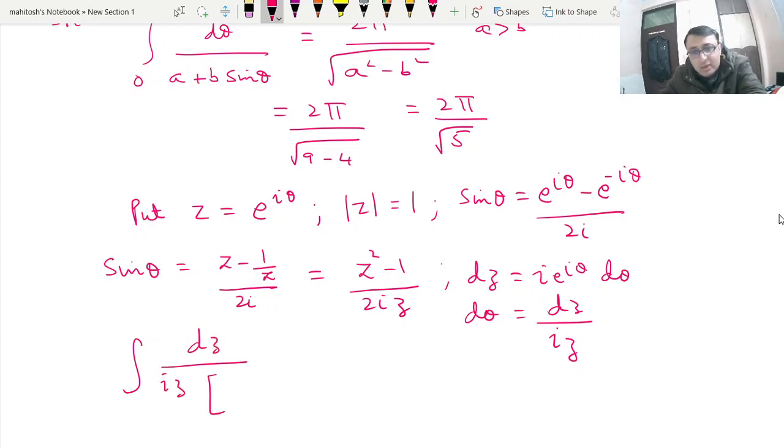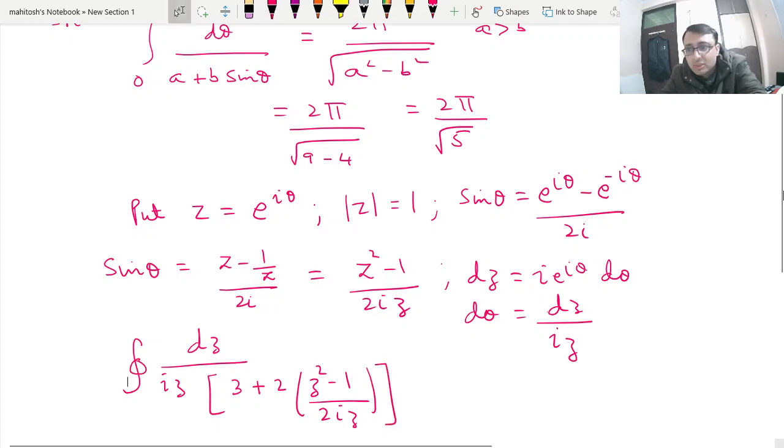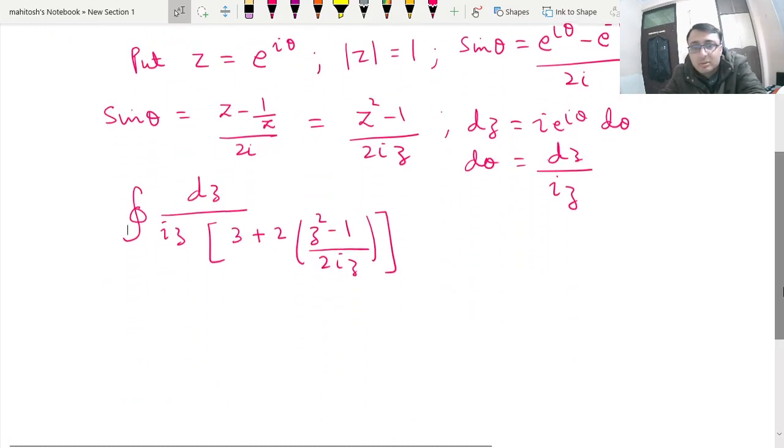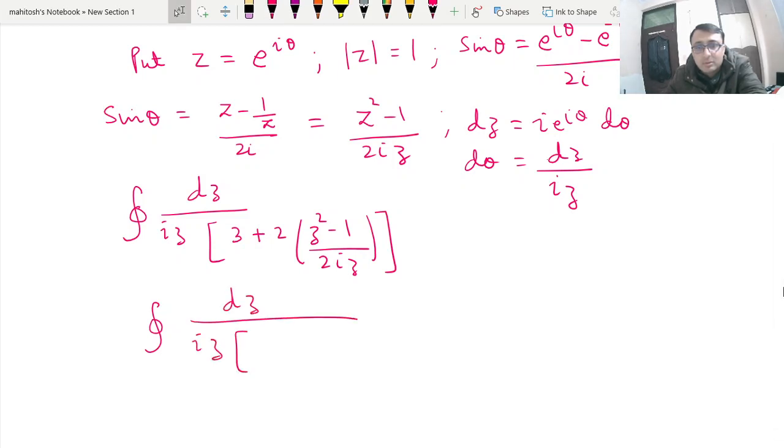And here our values are 3 plus 2, and for sine theta we write z square minus 1 by 2iz, along this contour, that is a unit circle, as we are evaluating it. So this gives us dz, the 2 gets cancelled, so 3iz plus z square minus 1 in the denominator, and the iz goes at the top and gets cancelled.